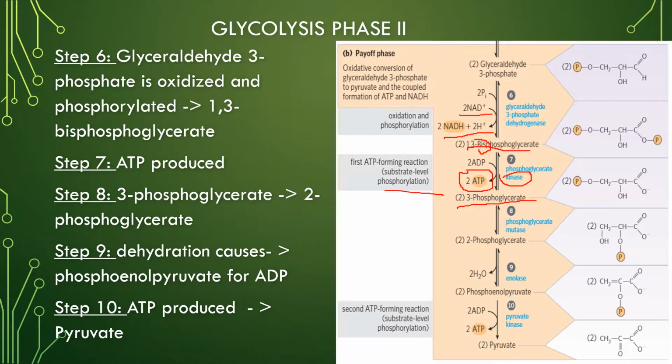Next, we are going into step 8. So we have those 3-phosphoglycerate, and we're going to go through another enzyme, which is phosphoglycerate mutase.